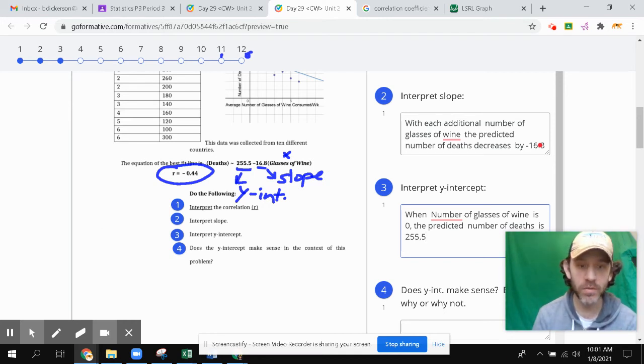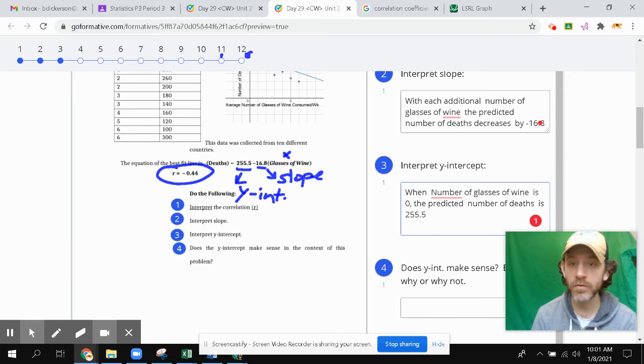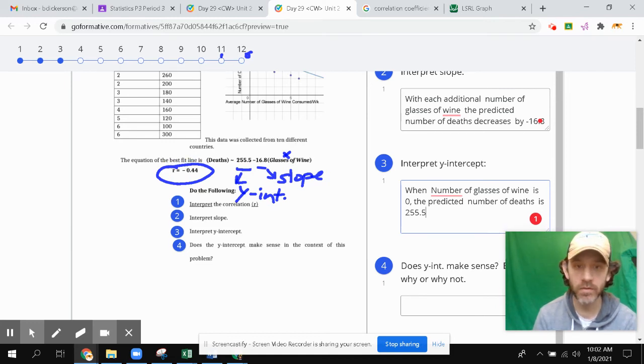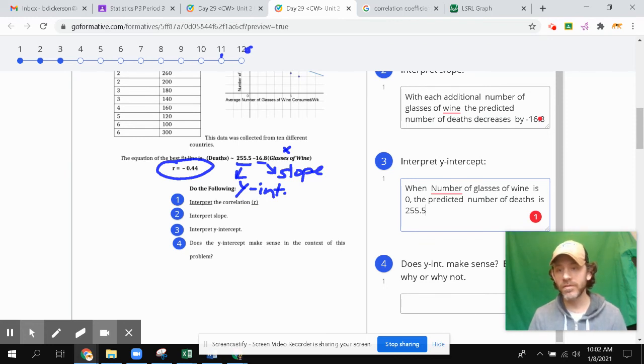The last question, does the y-intercept make sense in the context of this problem? You have to think about this in terms of real life. What did we say the y-intercept was? It was 255. That's the number of deaths when wine consumption is 0, when people had 0 glasses of wine on average. So can that happen in real life? Can you have a group of people that don't consume wine?